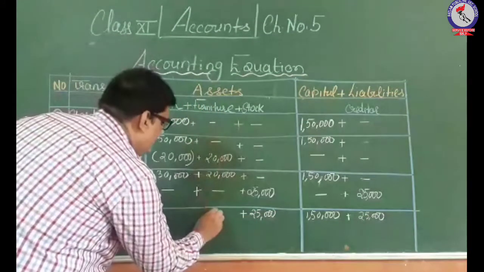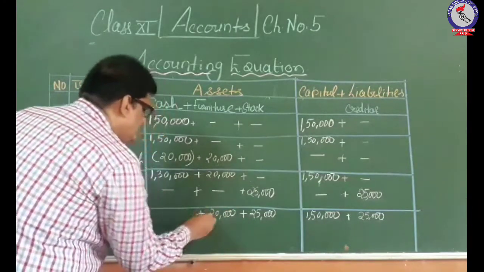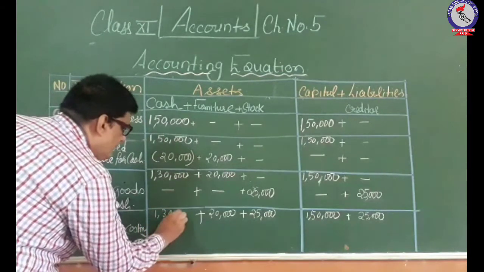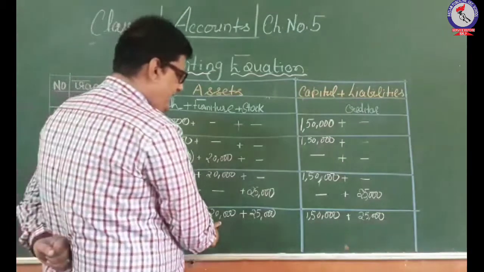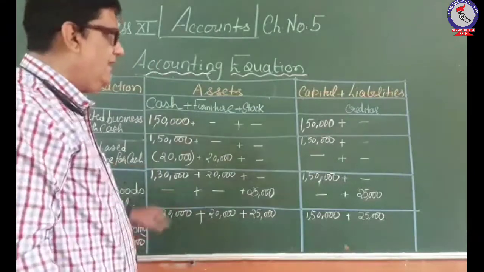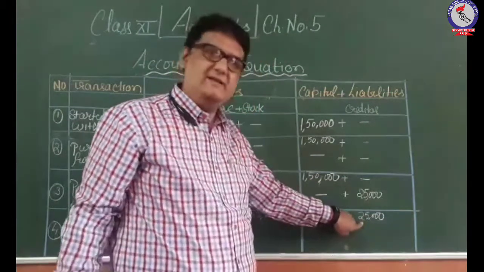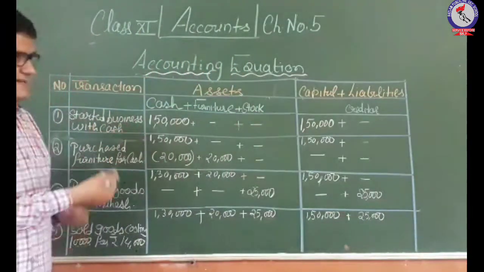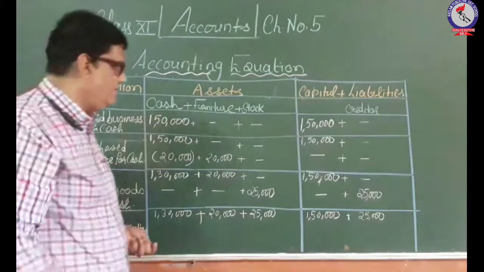With that you have got the furniture of 20,000, and you have also got the cash 1,30,000. So now overall assets 130 plus 20 is 150 and plus 25 becomes 1,75,000, and overall liability 150 plus 25 is 1,75,000. So after this equation also assets and liabilities are same.